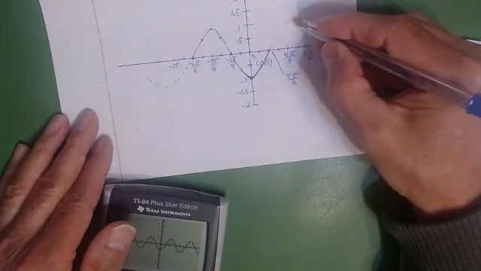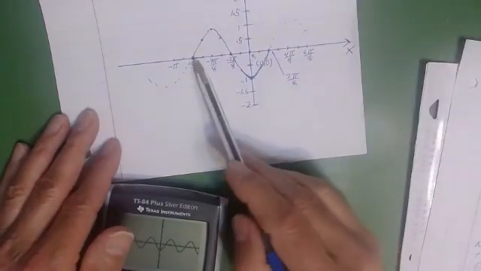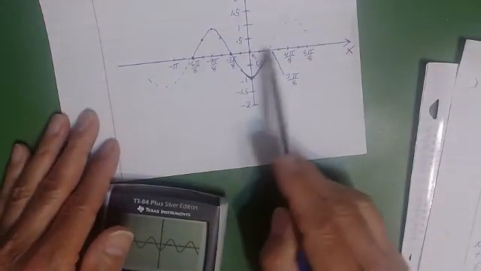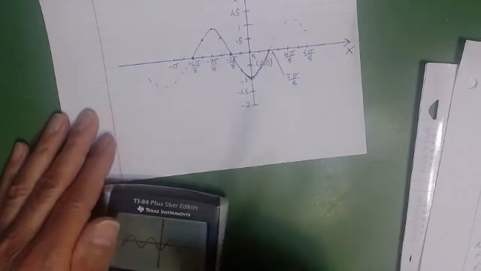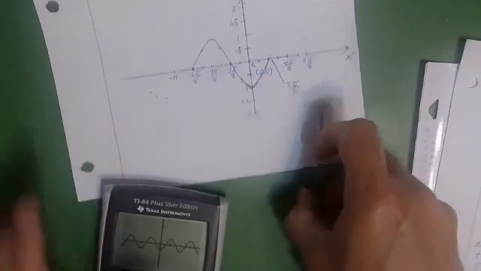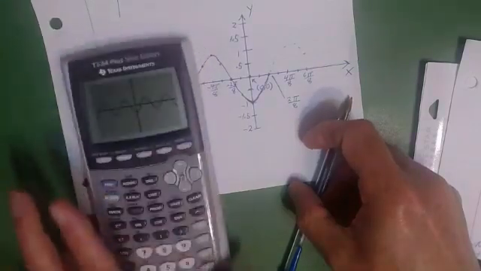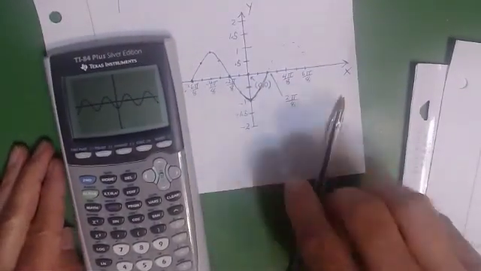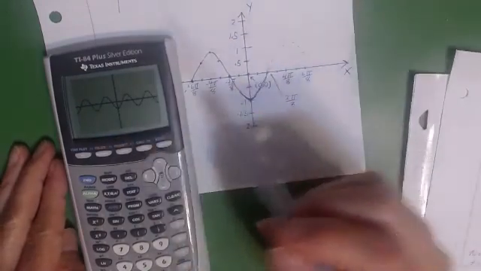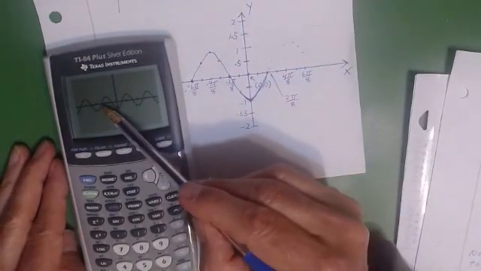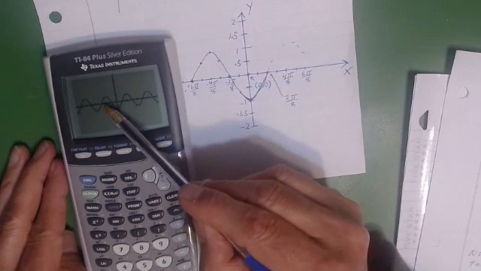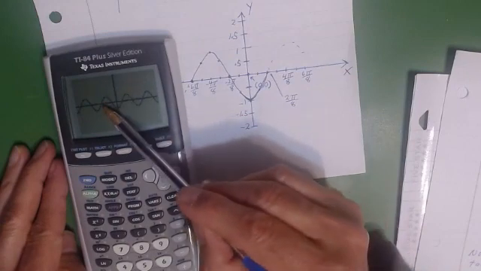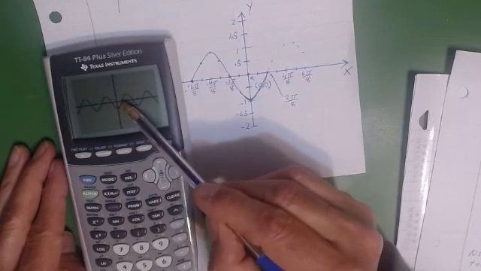It goes on forever, right? But we're graphing the fundamental cycle. So that's just from here to here. You can see that on their plot. So it would start right here, and it goes through one cycle, which ends here.